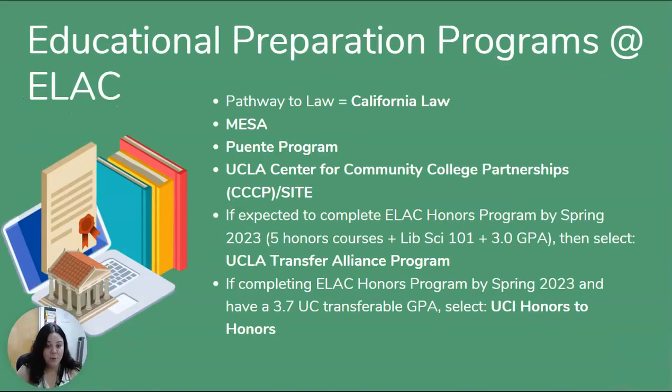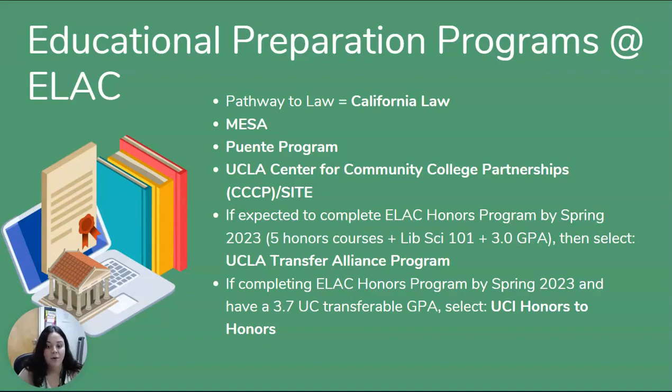Some of the educational preparation programs you might be familiar with here at ELAC are Pathway to Law, which on the list is going to say California Law, or MESA, so Math, Engineering, Science Achievement, the Puente program, UCLA Center for Community College Partnerships, CCCP/SITE. Also, if you are in the honors program and expect to finish it in spring 2023, then you would select UCLA Transfer Alliance program.